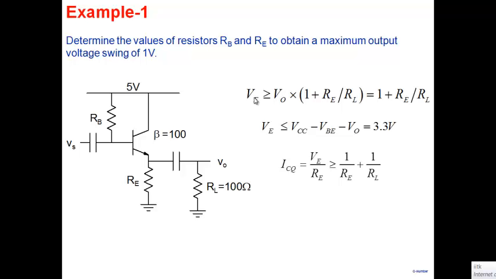So the issue is, what value of RE should you choose? How do I decide? Or either way, if I choose VE, then it decides RE. So how should I choose? What should your objective be? If there are many possibilities, what should your objective be?